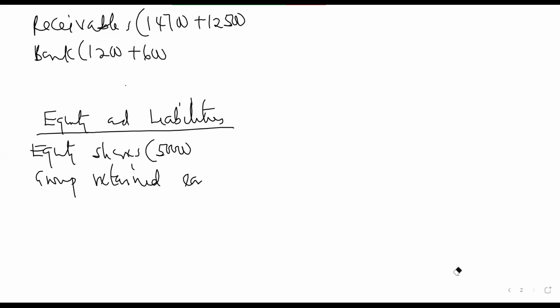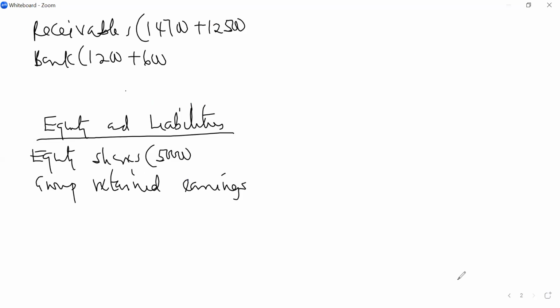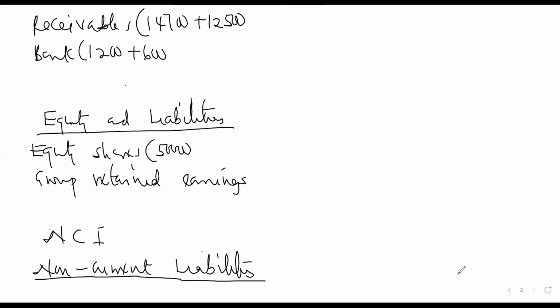So you go and put it there. So you come to NCI. That will be the portion of the shares of the subsidiary that is not being controlled. After that, you go to your non-current liabilities. Do you have any non-current liability there?